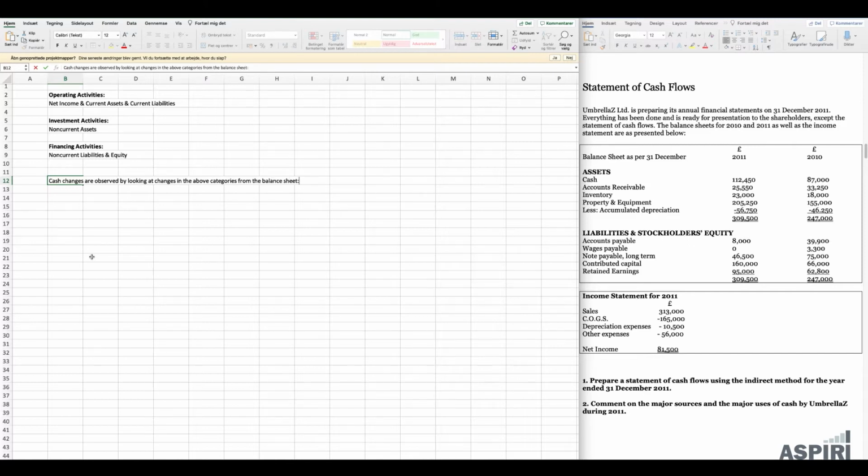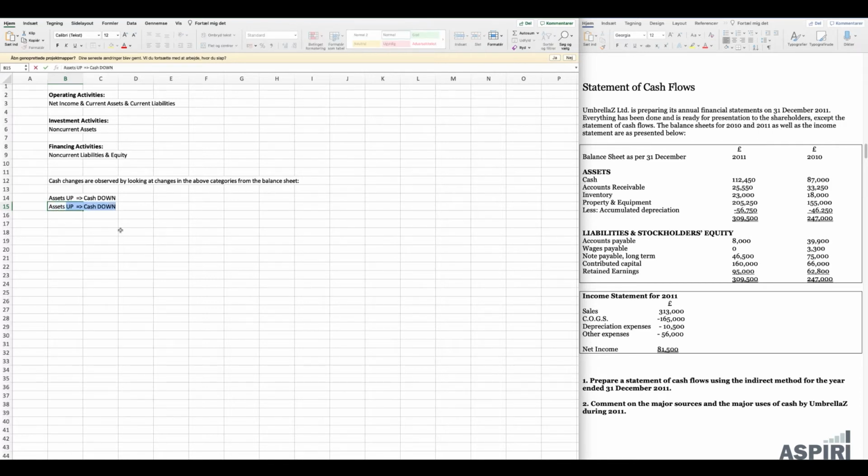More specifically, the way we interpret it is, if assets go up, this means that cash, and remember this is what we're looking at here, goes down. This will be clearer when we get into the exercise, but it's really worth noting that if assets increase, then cash goes down.